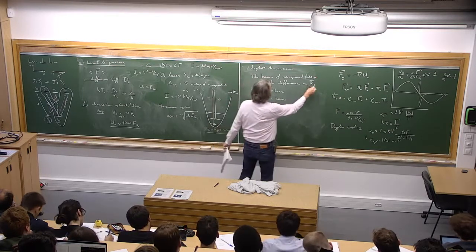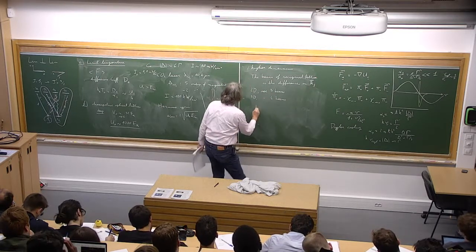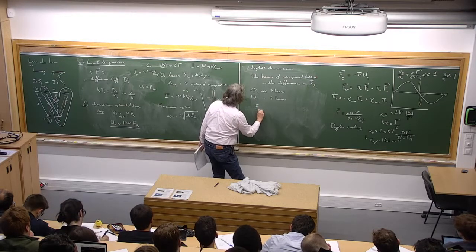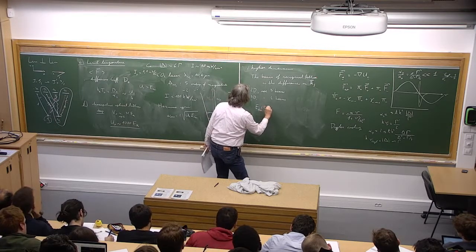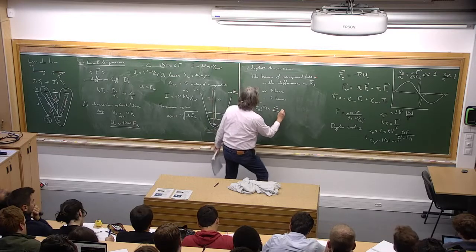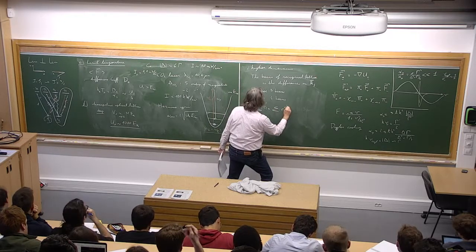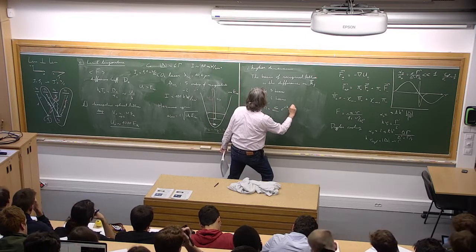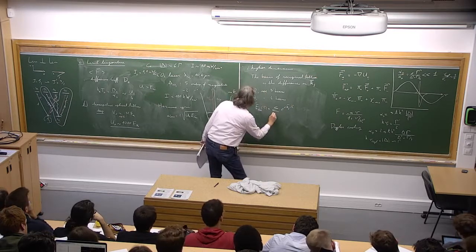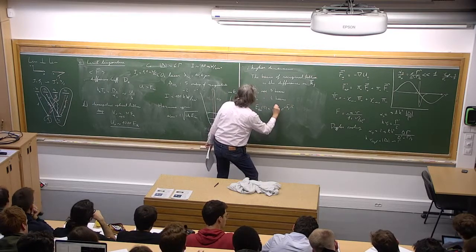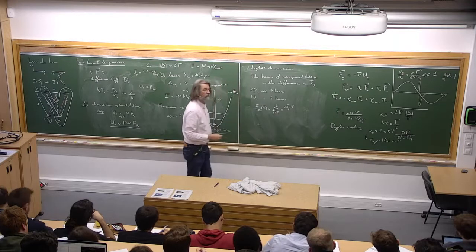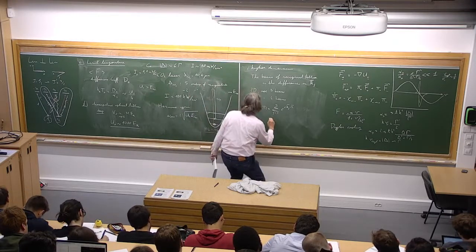This is very easy to demonstrate. You just write your total field, which depends on R, as the sum of E, kj, R, with j from 1 to n, and you play a little bit.